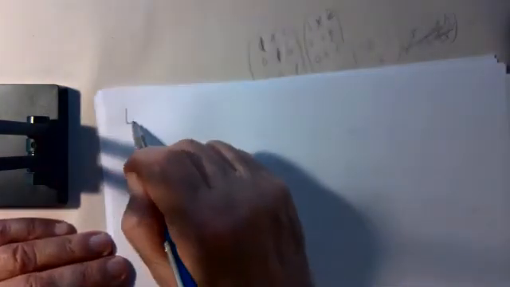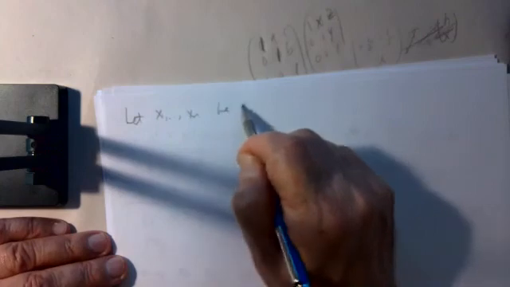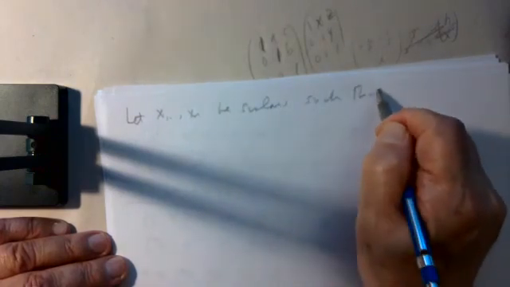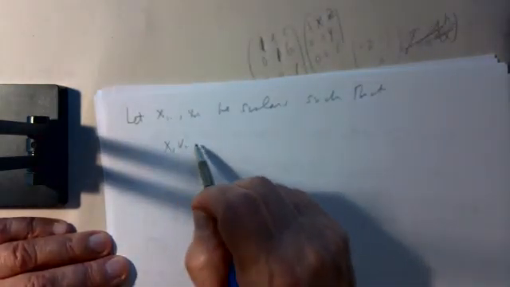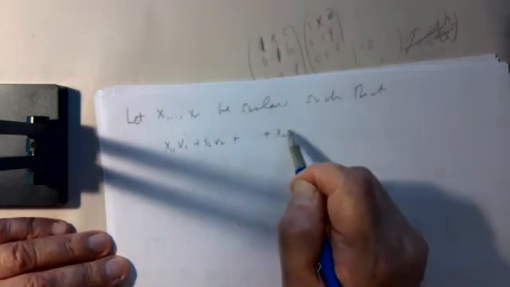So suppose that x1 up to xn are scalars such that this linear combination x1 v1 plus x2 v2 up to xn v sub n is the zero vector.